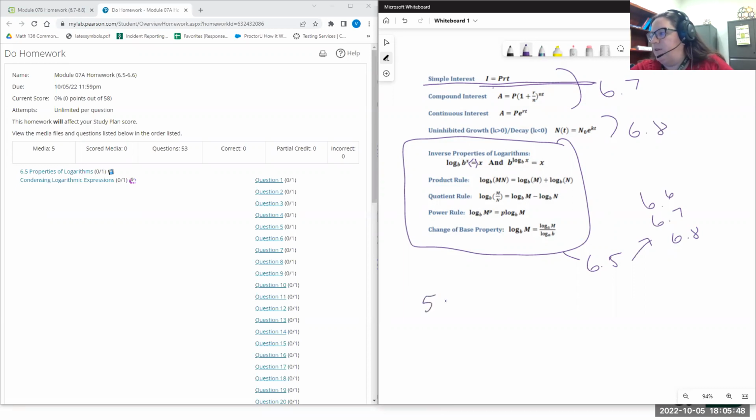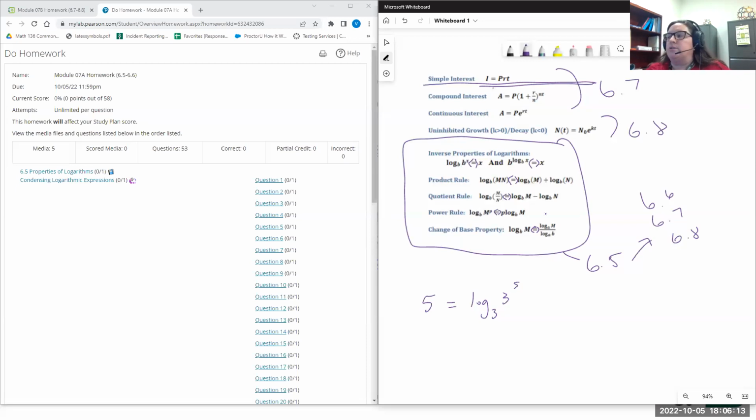I could take 5 and rewrite it as log base 3 of 3 to the 5th if I wanted to. It goes both ways. Especially on the product rule, the quotient rule, the power rule, and even the change of base rule, recognize you might start with the right side and need to turn it into the left side, or start with the left side and need to turn it into the right side.